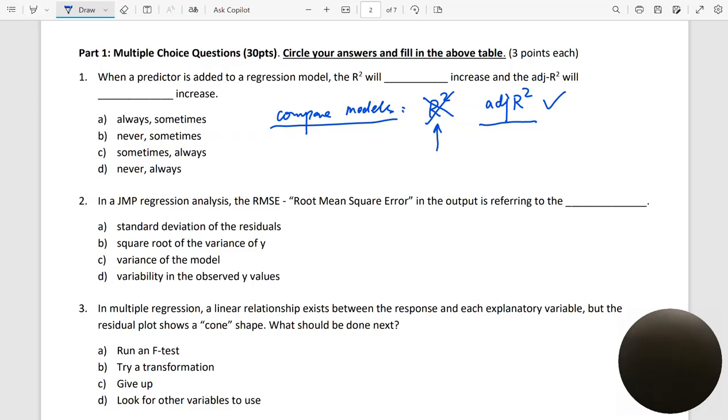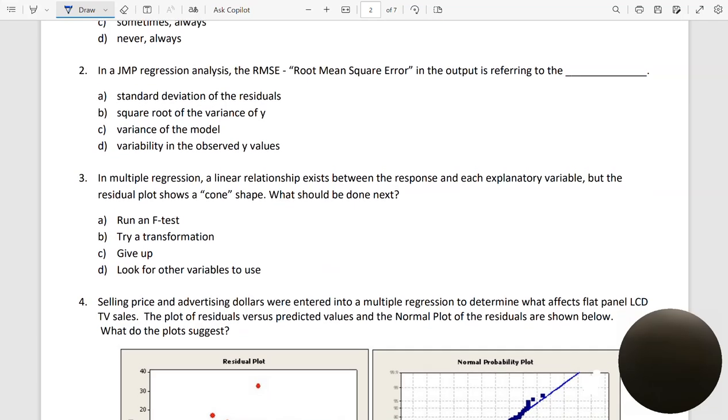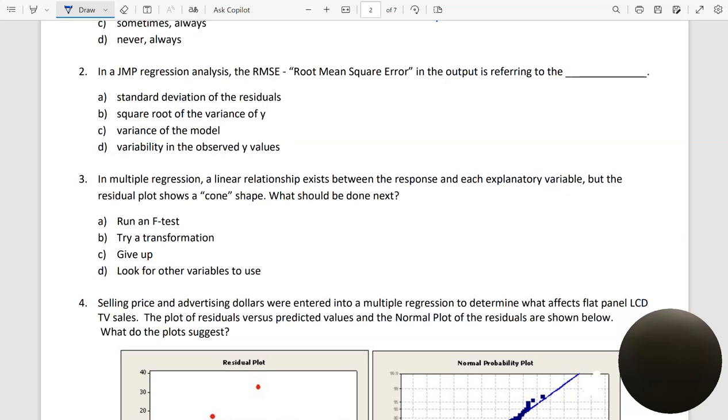So in this case, the option will be A: R squared will always increase, but adjusted R squared will sometimes increase depending on what kind of predictor you add into the regression.